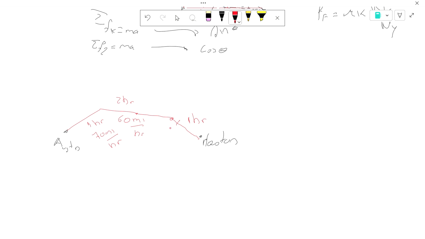So for some portion you went at 80, and for another portion you went at 40. Okay, so 80 plus 40 divided by 2 equals 60. 120 divided by 2. So this one is also at 60 miles per hour.